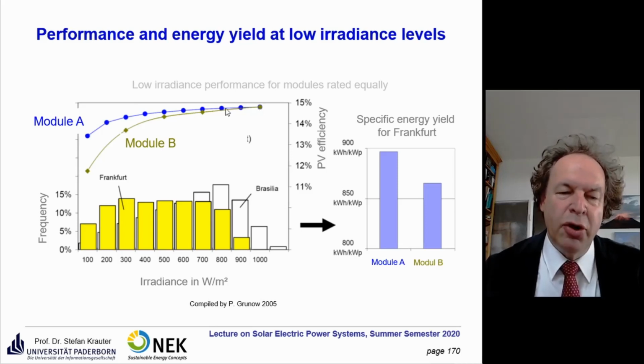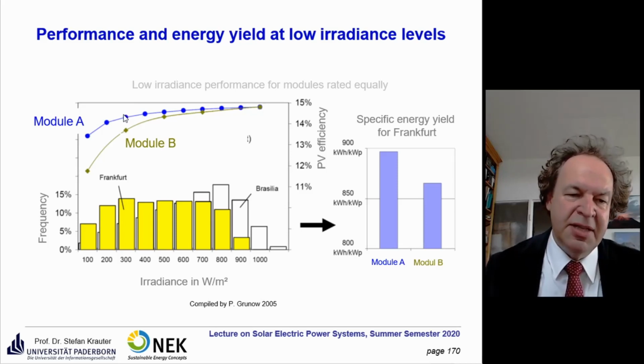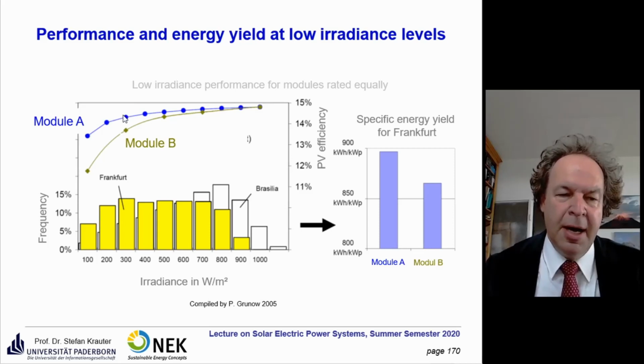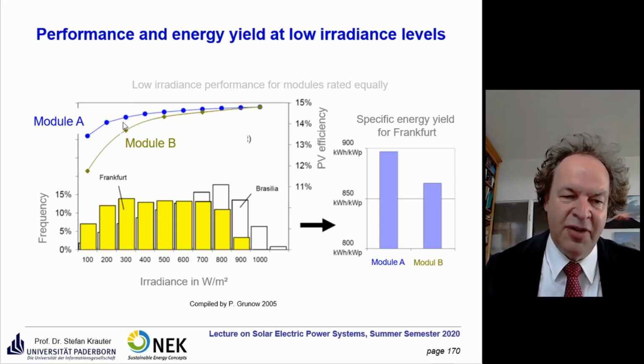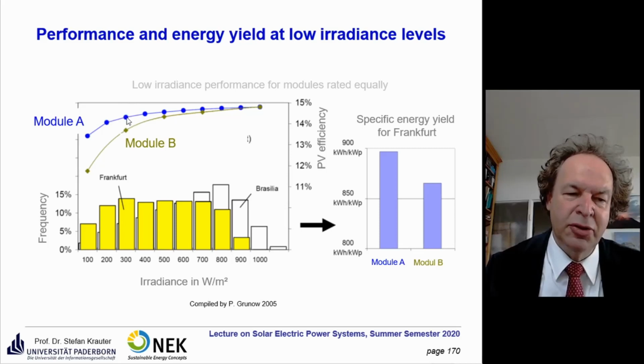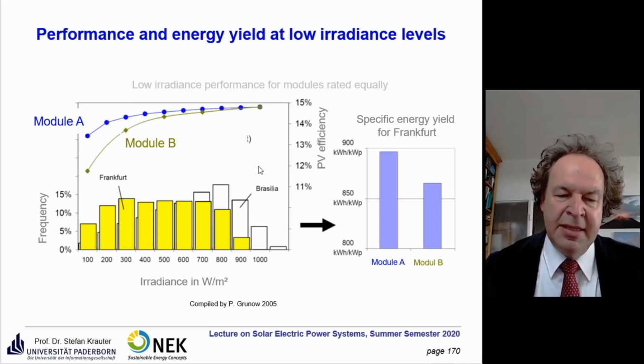But if you go to a lower irradiance level, then this resistance RP, remember, if you go back to the last lecture, you'll find it in the equivalent circuit, this RP effect here. And here the RP of module A is bigger, so there's less current bypassed, and the performance is still good, while module B has a lower RP and therefore performance is going down. And the importance of that effect depends on the location.